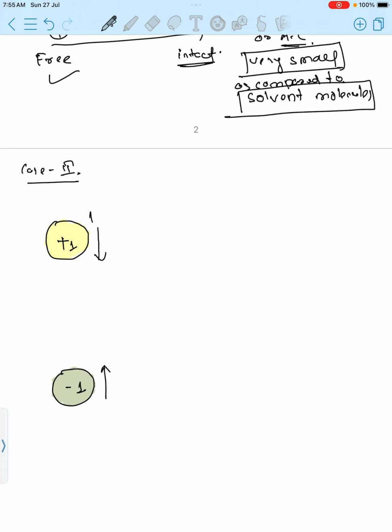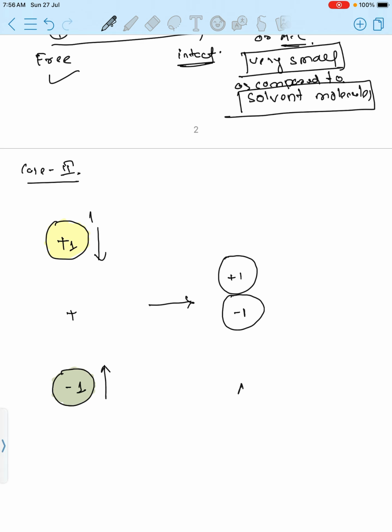So two ions of opposite charges are approaching towards each other. Okay, and after approaching, what will happen?